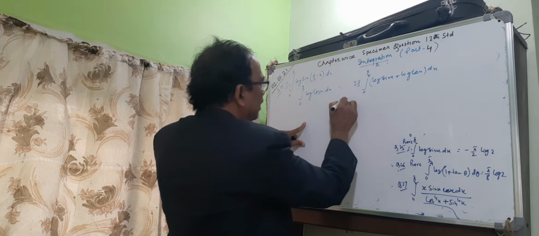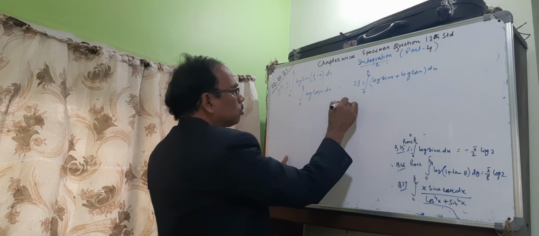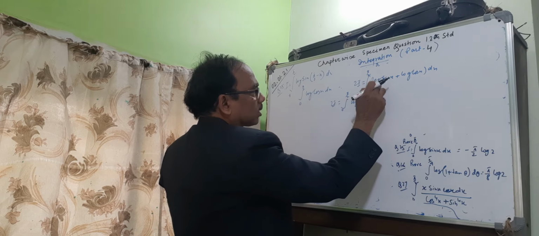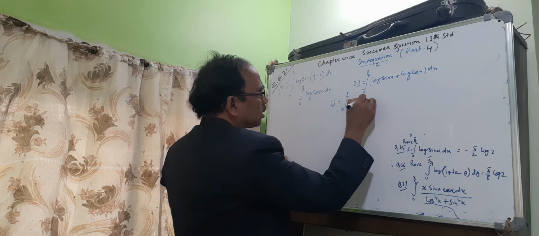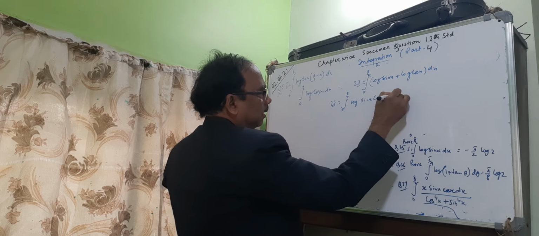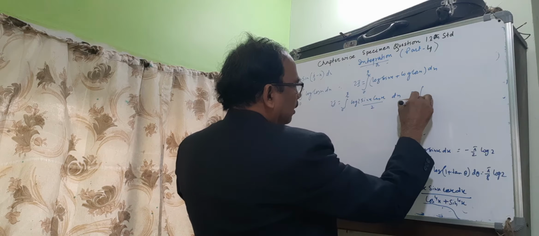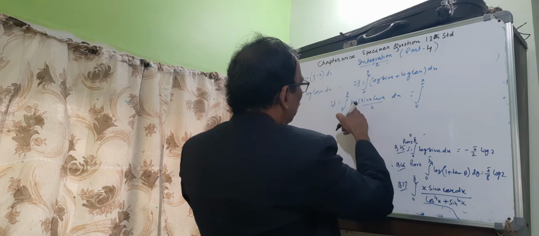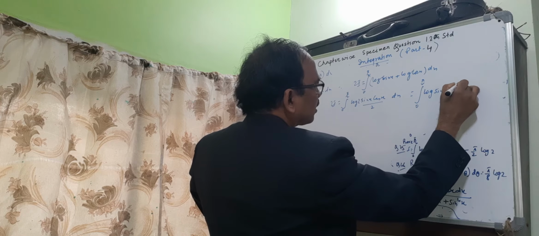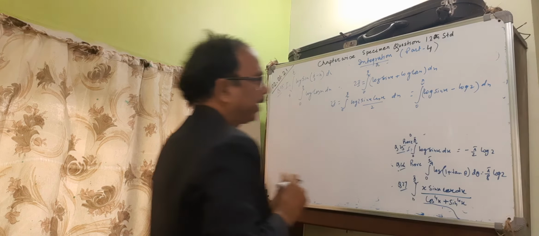So 2I equals 0 to pi by 2 of log (sin x cos x). We can write this as 2 by 2, that is 0 to pi by 2 of log sin 2x minus log 2 dx.